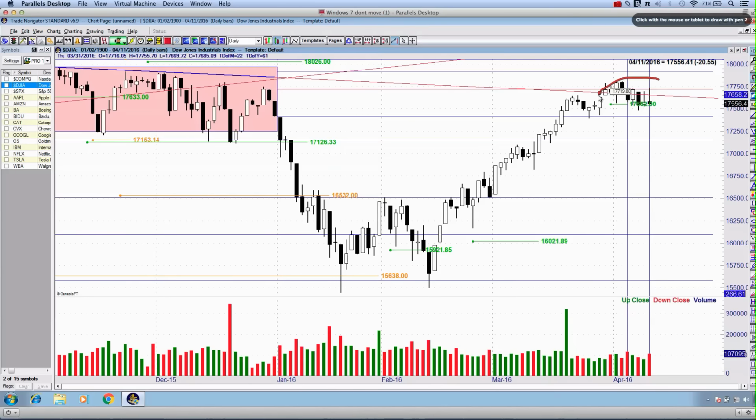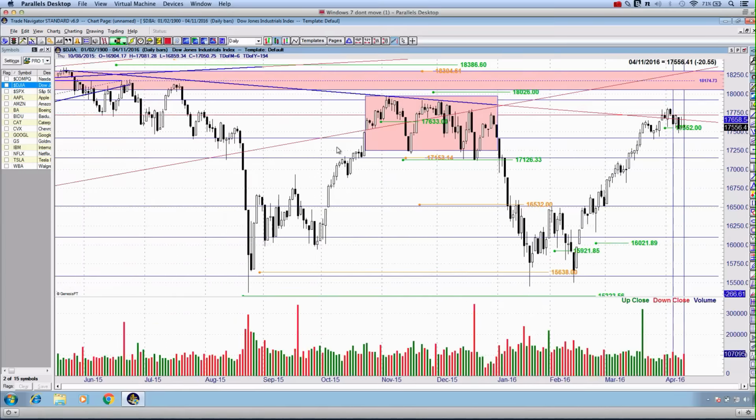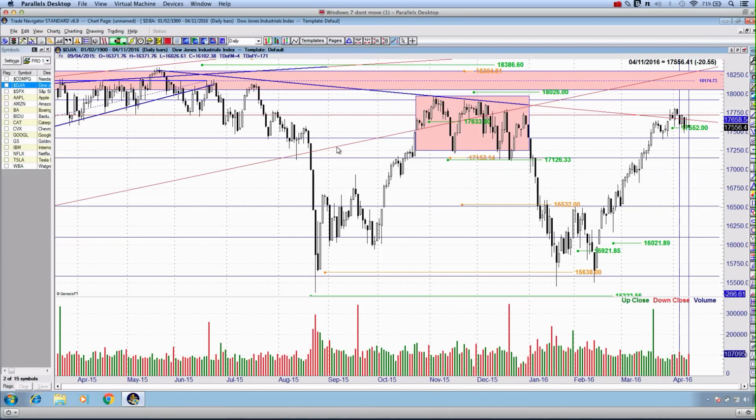But right now, again, a lot of individual trades, as per our top 12 individual trade lists, have got not only similar candlesticks, but also haven't actually rebounded as much as the general indices have. That indicates, again, weakness in terms of breadth, showing up in the top 12 list, especially these stocks over here, which are largely followed by the majority of people who trade and transact and also invest in the US financial markets. You can see Apple, Amazon, Boeing Airlines, Baidu, Caterpillar, Chevron, Google, Goldman Sachs, IBM, Netflix, Tesla, and Walgreens Boots Alliance.